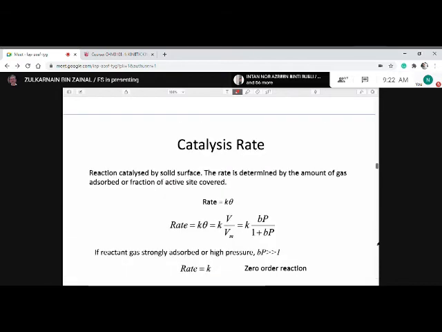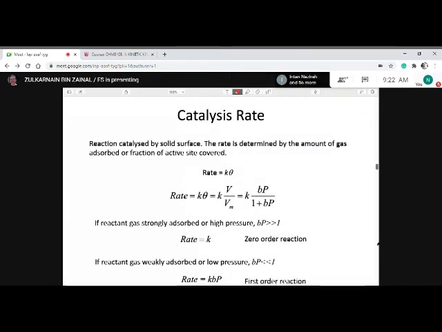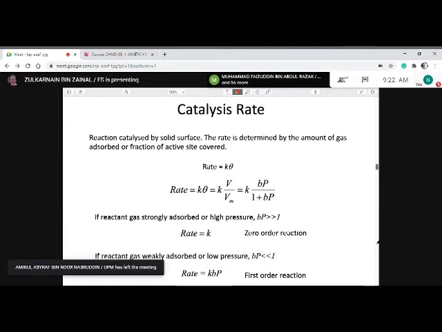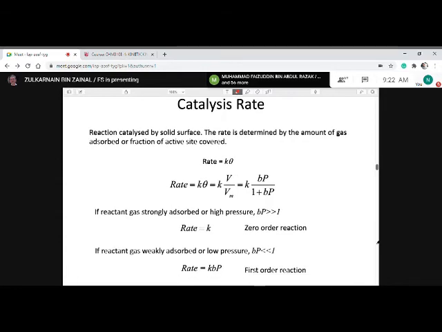Also this one is actually given as an assignment for you to do. So, catalysis rate. For a reaction catalyzed by a solid surface, the rate is determined by the amount of gas adsorbed, or the fraction of the active site covered.